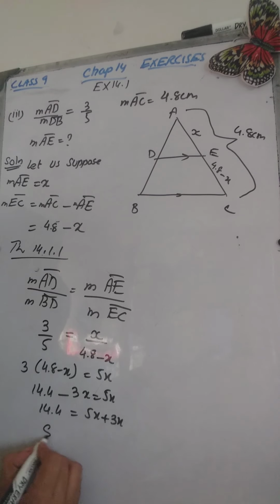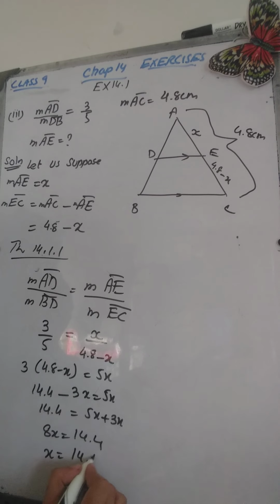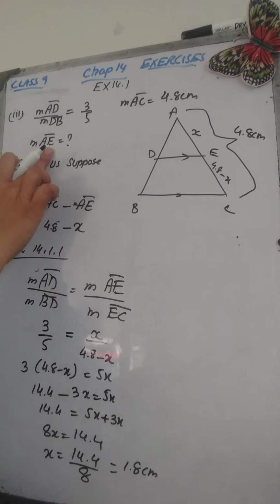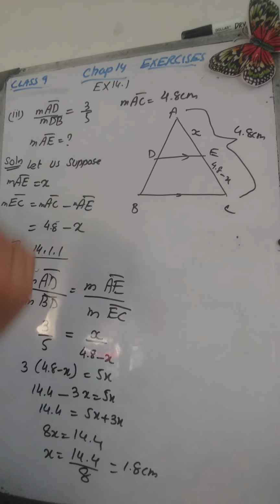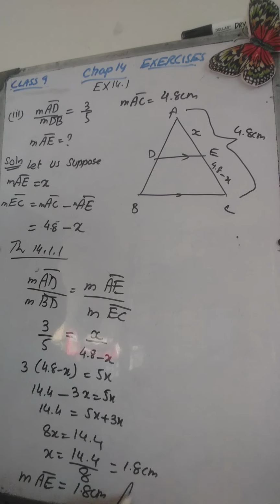So 8x is equal to 14.4, and x will be equal to 14.4 divided by 8, which gives us the value 1.8 centimeters, which is the required value. We had taken AE to be equal to x. It means that the measurement of AE is equal to 1.8 centimeters, and this completes the question. Now moving to the next part.